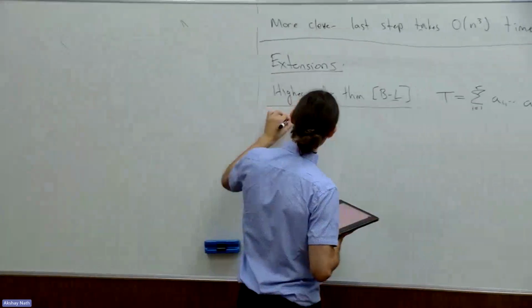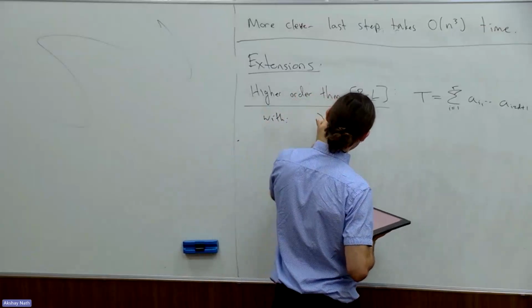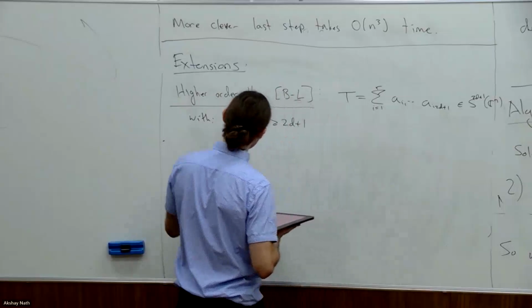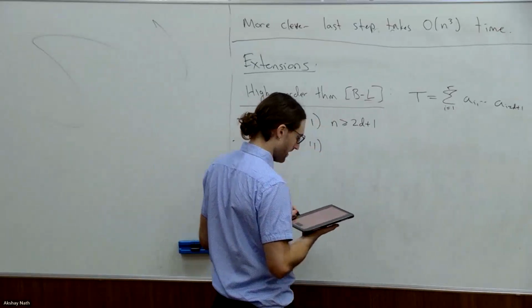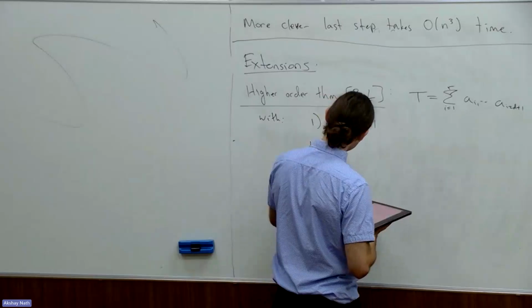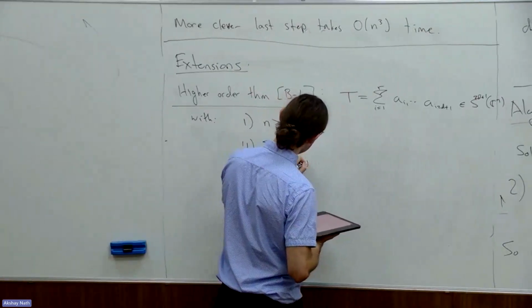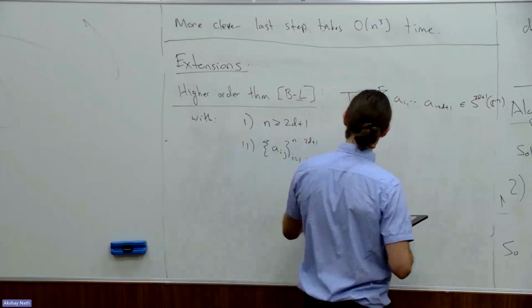And the assumptions we need. The first is very mild: n is at least 2d plus 1. Second, the set of vectors A_ij, i equals 1 to R, j equals 1 to 2d plus 1, is in general position.